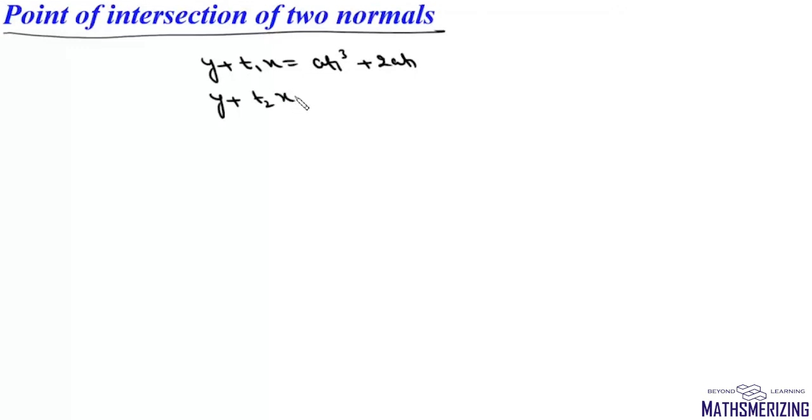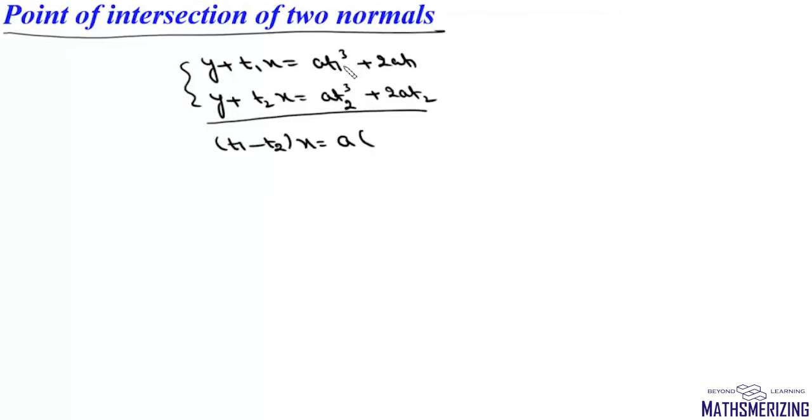So y plus t2x equals a t2 cube plus twice a t2. Now we'll subtract this second equation from the first. We can write t1 minus t2 times x, and this is a, it is a cube minus b cube.